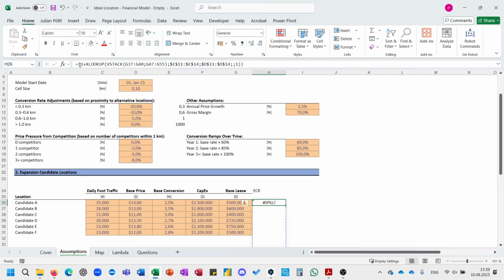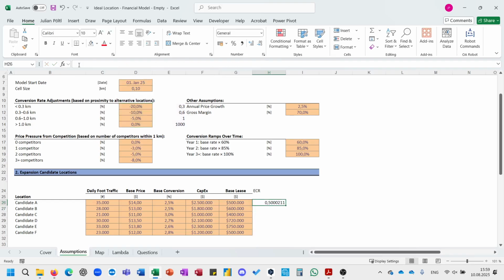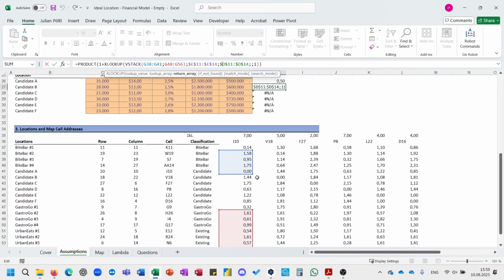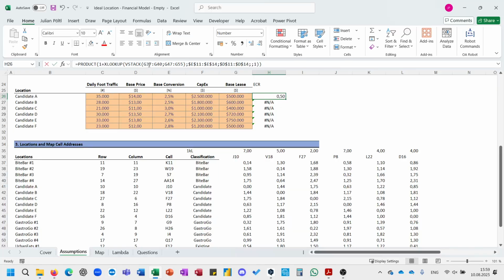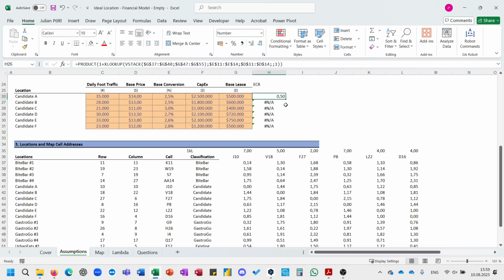If we then take the product of this, 0.52, and for the remaining parts, this is then not great. We need to adjust it manually, or I adjust it manually.